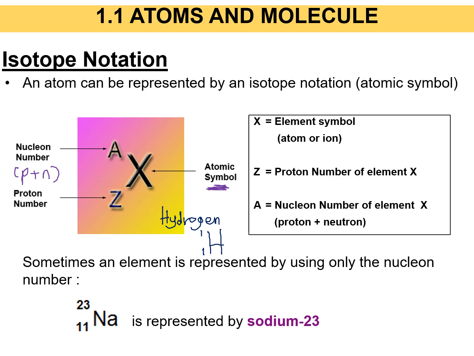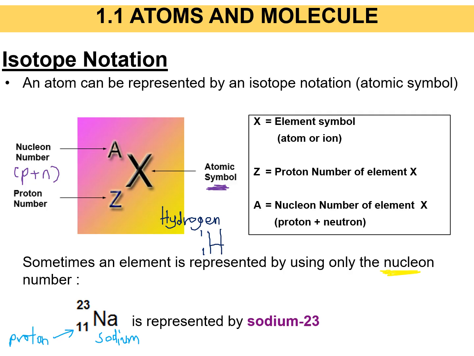But sometimes an element is represented by using only the nucleon number. For example, if you ada sodium, right? So this is the atomic symbol for sodium. And the proton number of sodium is 11.